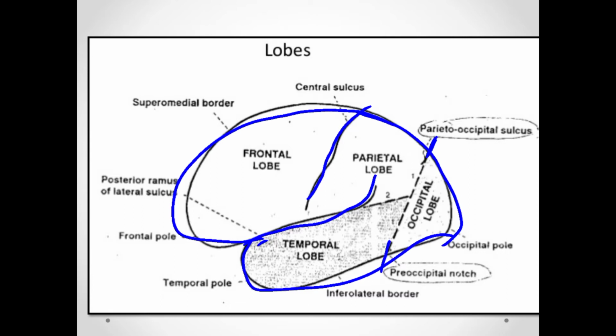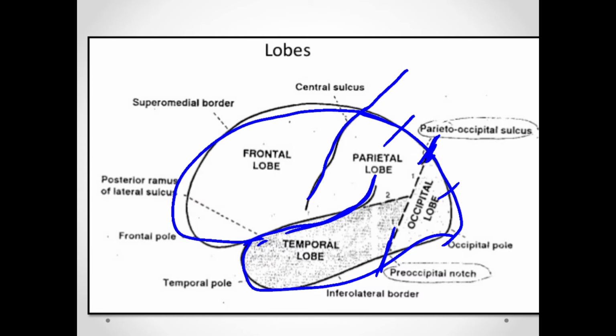So remember, first 4 points you have to remember. First you draw the central sulcus. Next, the posterior ramus of the lateral sulcus. Next, the parieto-occipital sulcus: this is the parietal region and this is the occipital, so we call it the parieto-occipital sulcus. In front of the occipital is the pre-occipital notch.